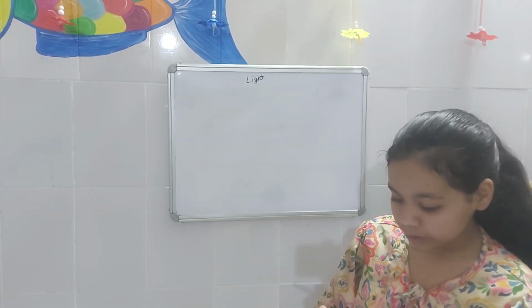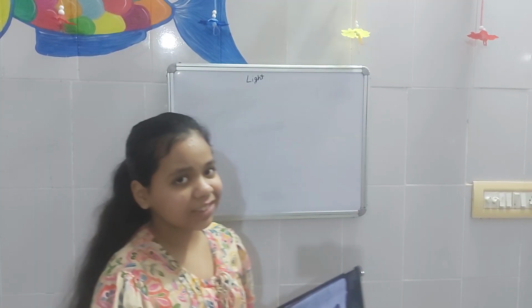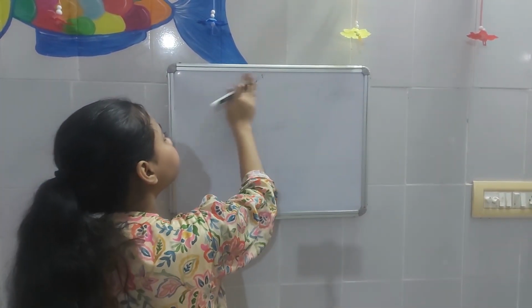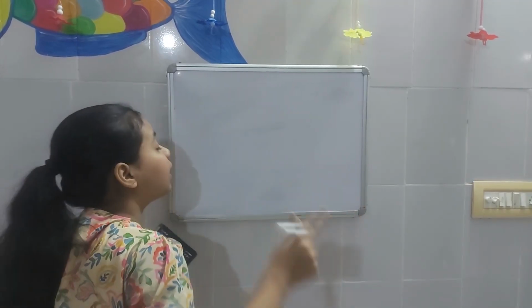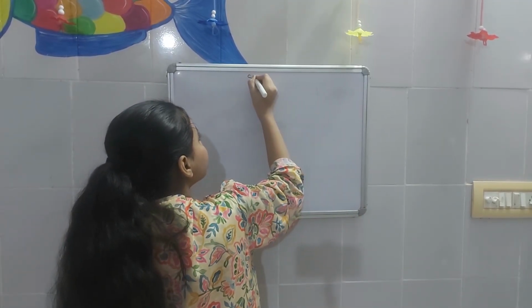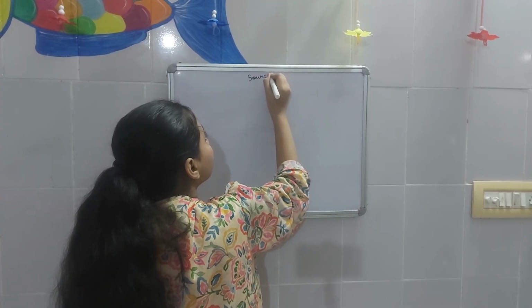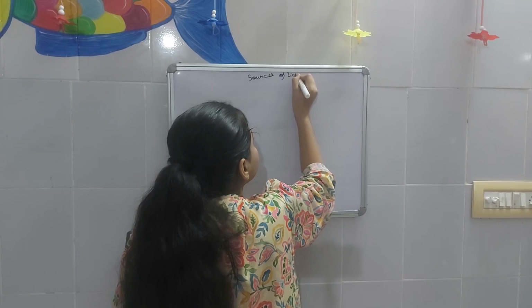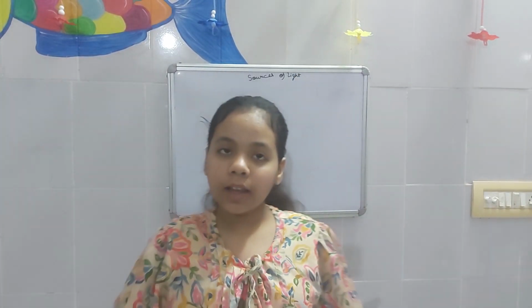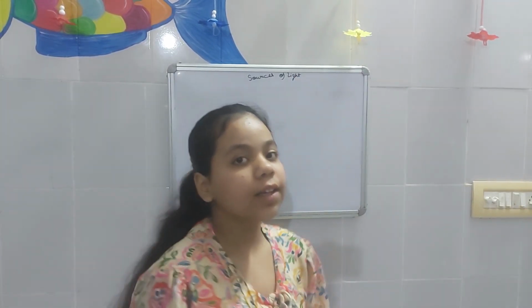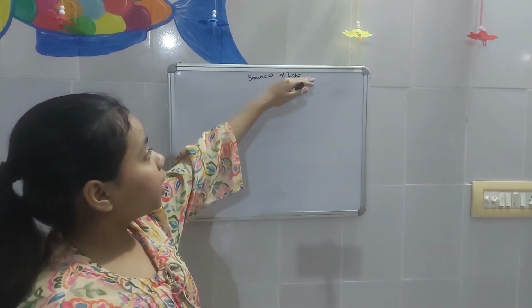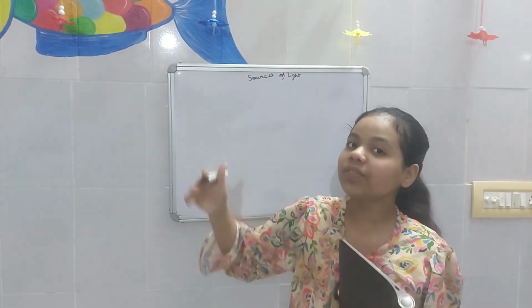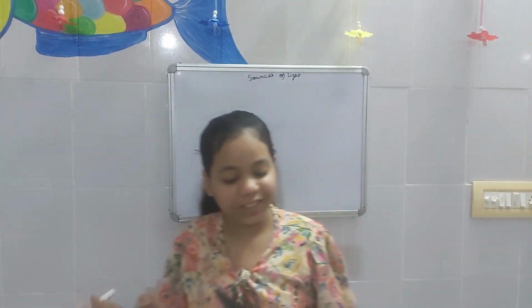Before knowing the facts, let us first know the sources of light. In the last part we have learned what is light, but now we are going to learn about the sources of light, because sources of light are also very important.